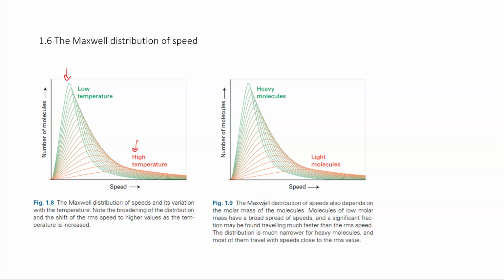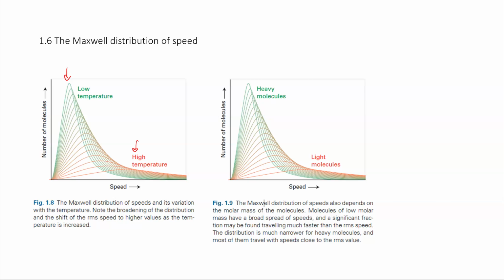What you see is this Maxwell distribution of speeds and its variation with temperature. Note the broadening of the distribution and the shift in the RMS speed to higher values as temperature increases. So higher temperature increases the speeds of the molecules, but also creates a broader distribution of speeds than low temperatures.